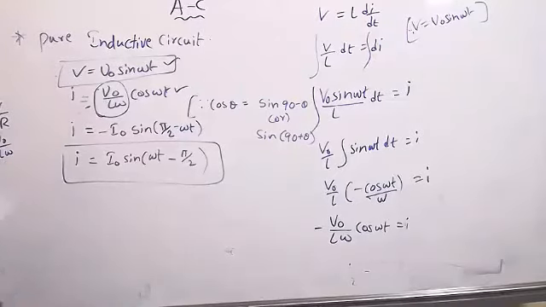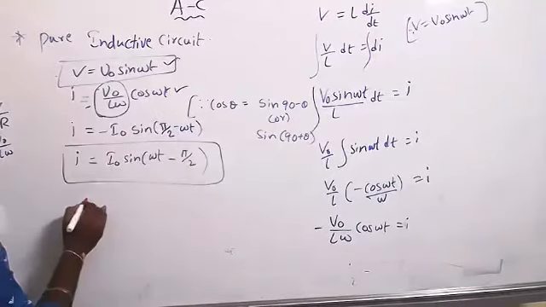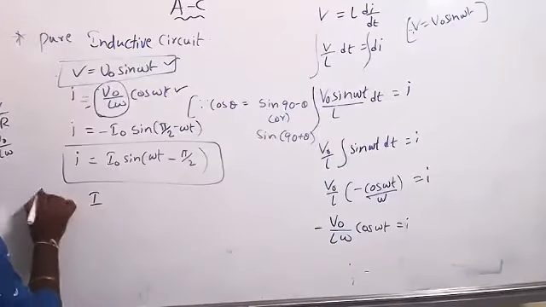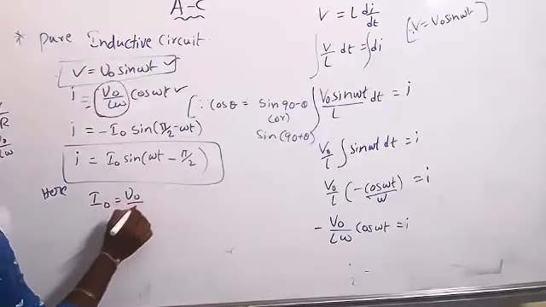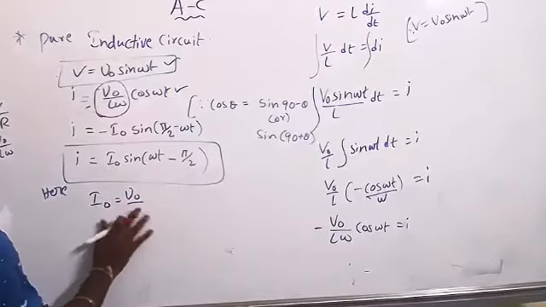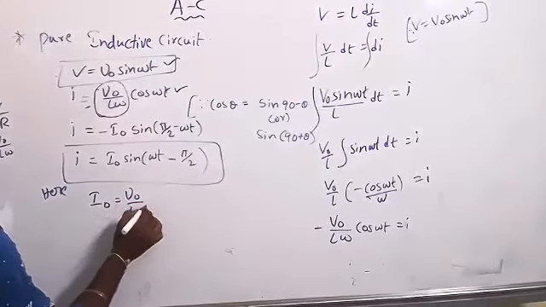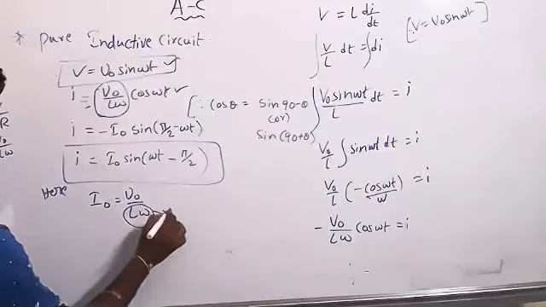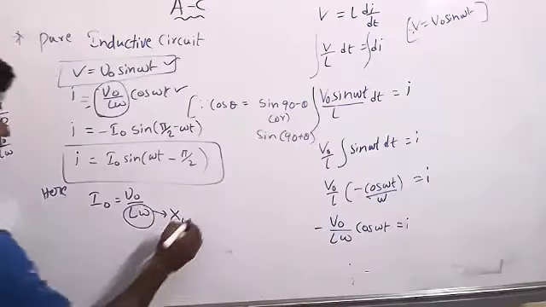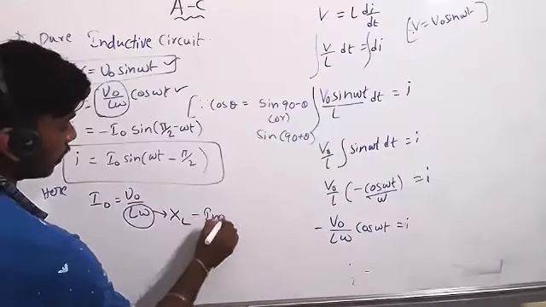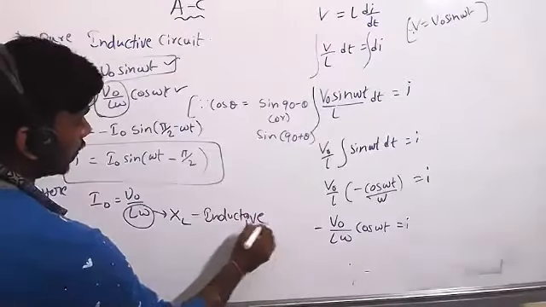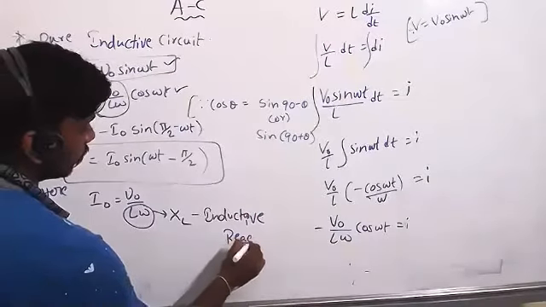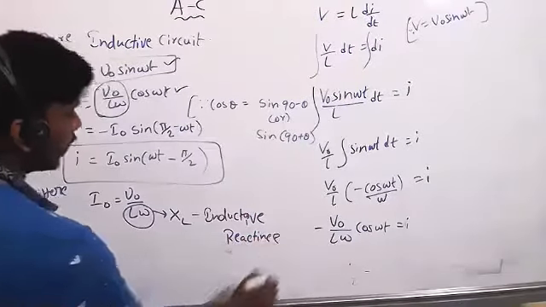Let's see here. I naught is equal to V naught by L omega. It is also we can write X_L, inductive reactance.